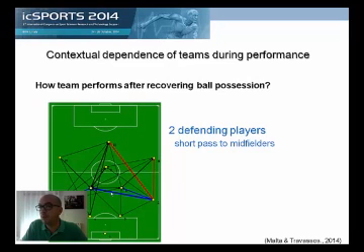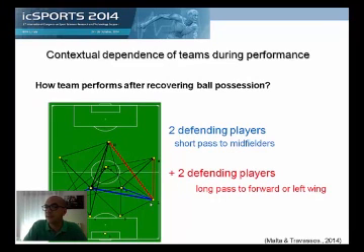pass the ball in a short pass to the midfielders, and in opposition, when the ball carrier was surrounded by more than two defending players, he usually passed the ball to forward players with long passes, as we can see in these red lines.